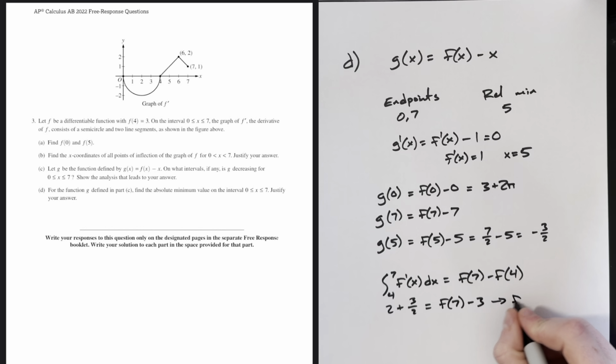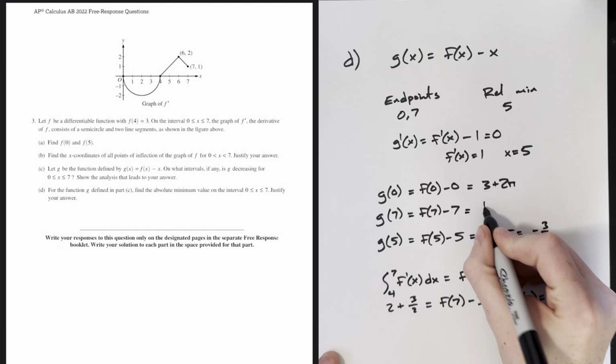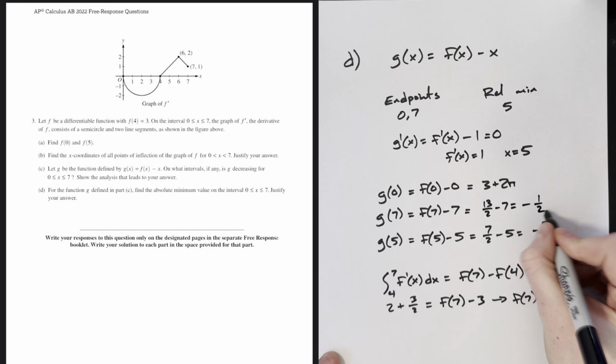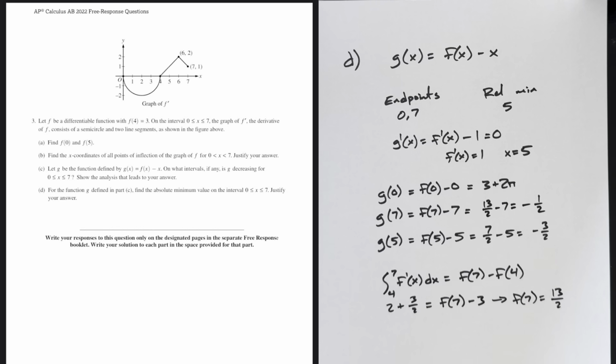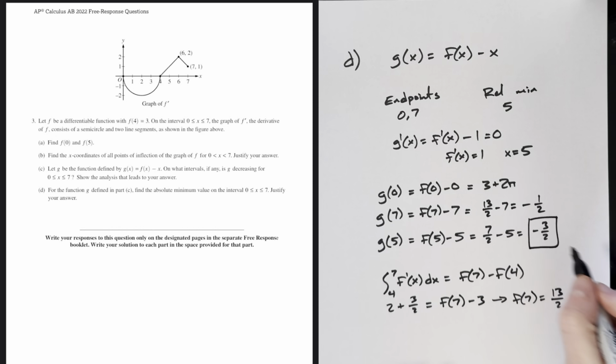So solving this, we get f of 7 is equal to 3 plus 2, which is 5, plus 3 halves, which is 13 over 2. So g of 7 is 13 over 2 minus 7, which is negative 1 half. So comparing these three candidates, our absolute minimum value will be negative 3 halves. And that would be our final answer to the question.